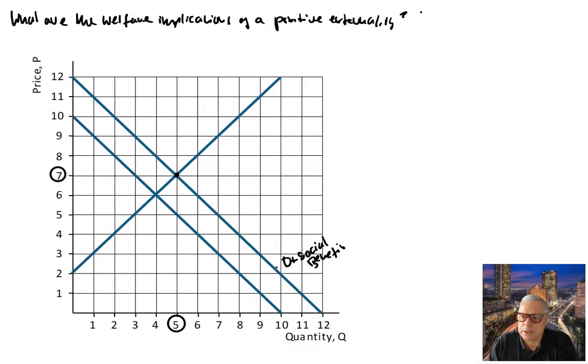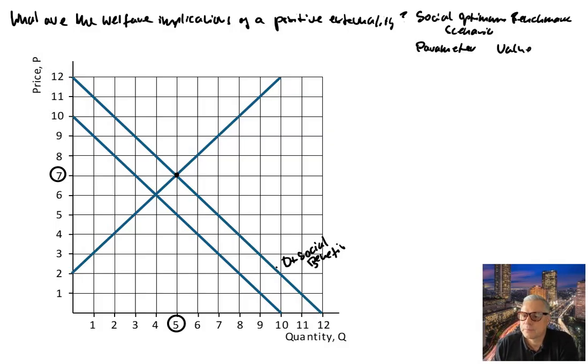So let's just write that down. Social optimum, benchmark scenario. Okay, so we have our parameter and we have our value. The equilibrium price should be 7.